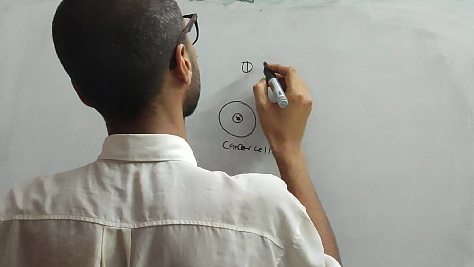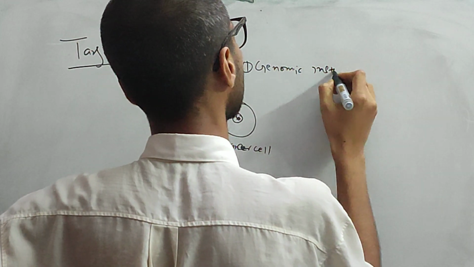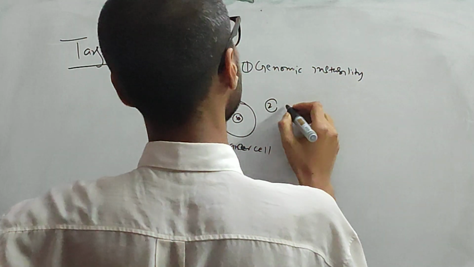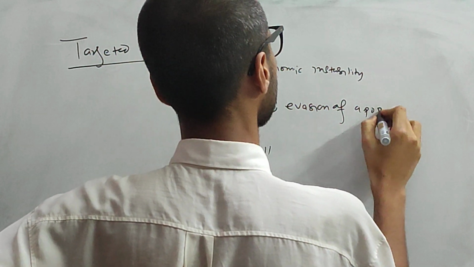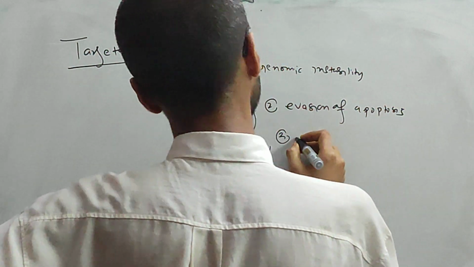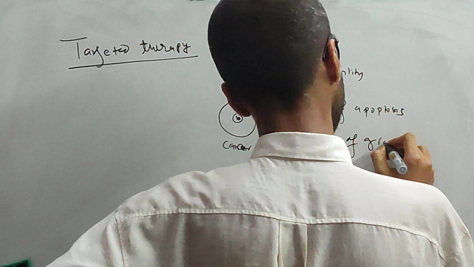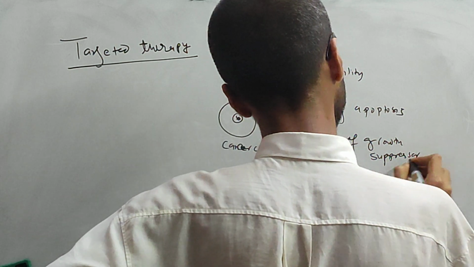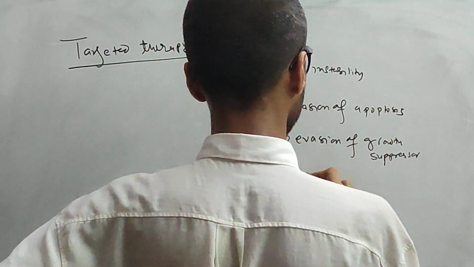One is there is genomic instability. Second, evasion of apoptosis. Three is evasion of growth suppressors. Fourth is stimulation with growth signaling molecules.